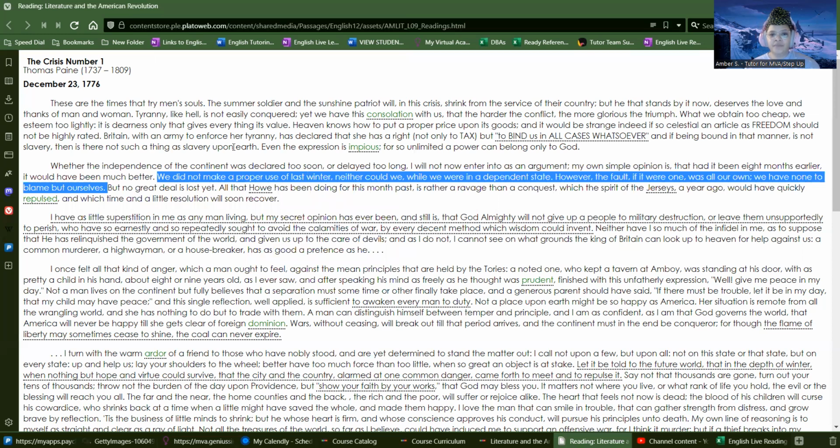So he's saying here, and this is one of the arguments that's being made, a smaller one, but he is making it. He thinks that the independence of the country should have been declared 8 months earlier. And this is because most people do not fight during the winter, right? It's harder to move in snow.